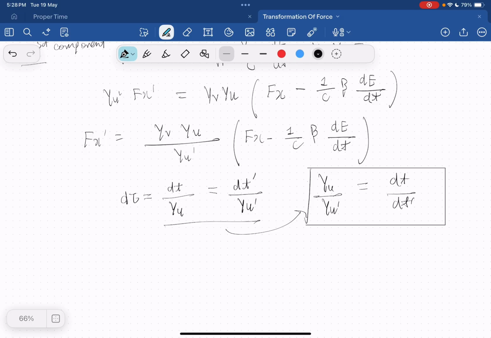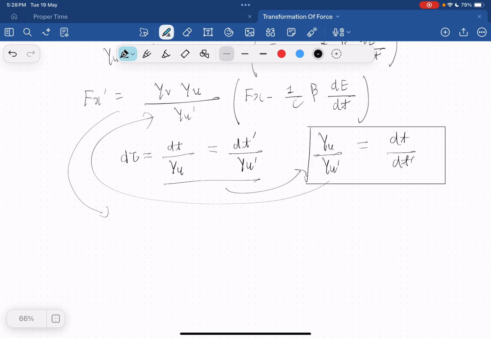So we substitute this thing here, which gives us fx prime is equal to gamma v dt by dt prime times fx minus beta by c dE by dt.